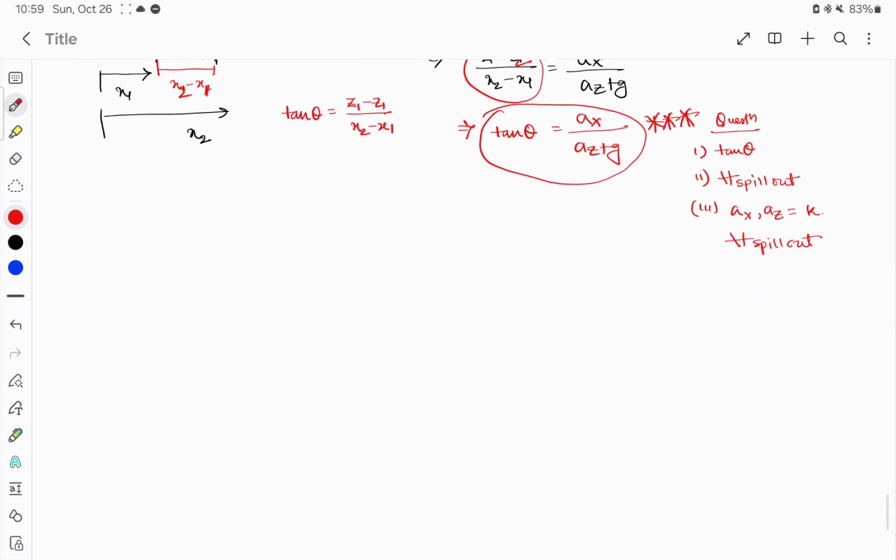We will move to the questions now. There are 3 types of problem I will show you, and rest you can practice on your own. Before we move to the problem section, let us see something called the conservation of volume.